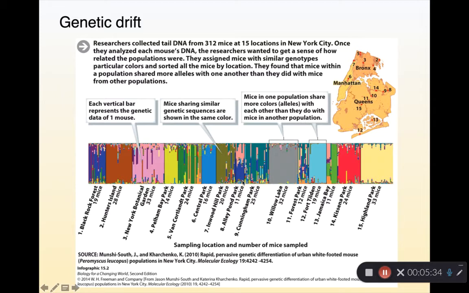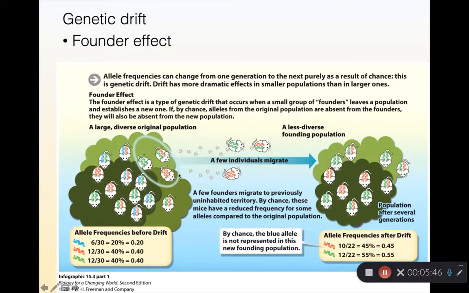Those are the types of questions that an evolutionary biologist might consider when thinking about what is causing the genetic evolution of these different mice populations. So let's think about a couple mechanisms of genetic drift.